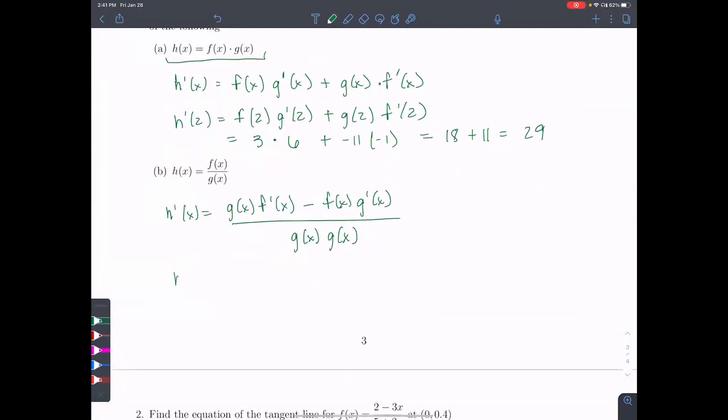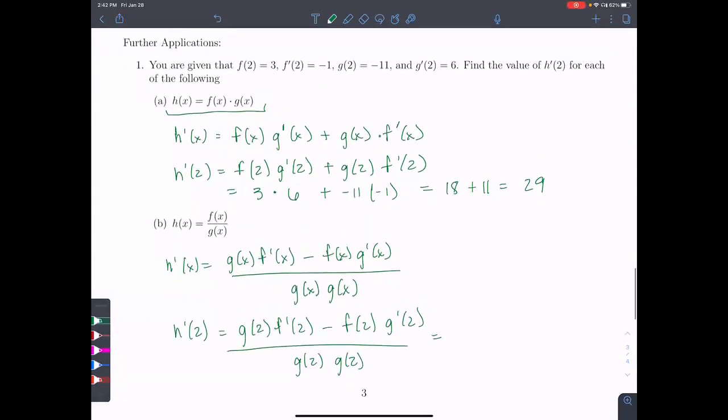And then again, if you're trying to put in a specific value for x, then just replace all of them at that step. So g of 2, f prime of 2 minus f of 2, g prime of 2 over g of 2 times g of 2.